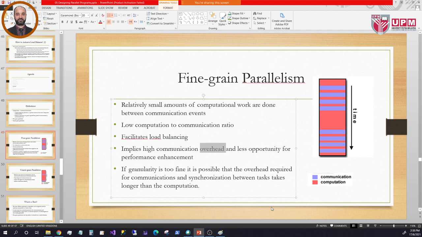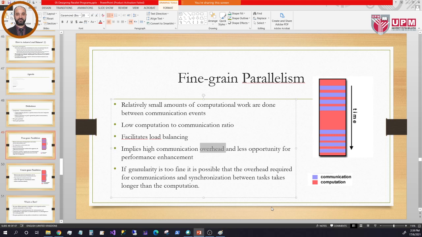It depends on the nature of the program. Sometimes some programs need only 3 threads, some need 5, some need 20. It depends on the application and the problem. So we cannot say that fine granularity must be more than 100, or more than 1,000, or must be 5 or 6.